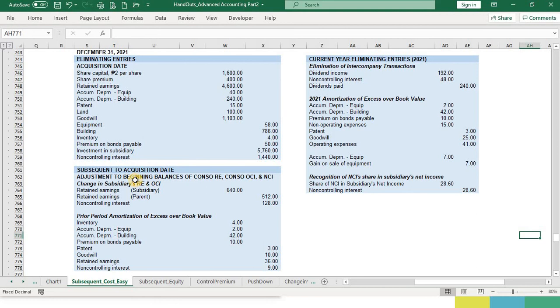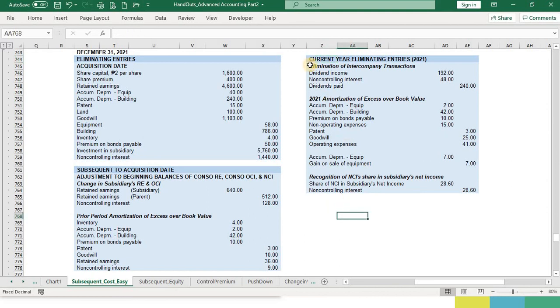So that is the adjustment to the beginning balance of the consolidated RE, OCI, and the NCI. Then, after we adjust the beginning balances, we now proceed to the current year eliminating entries.